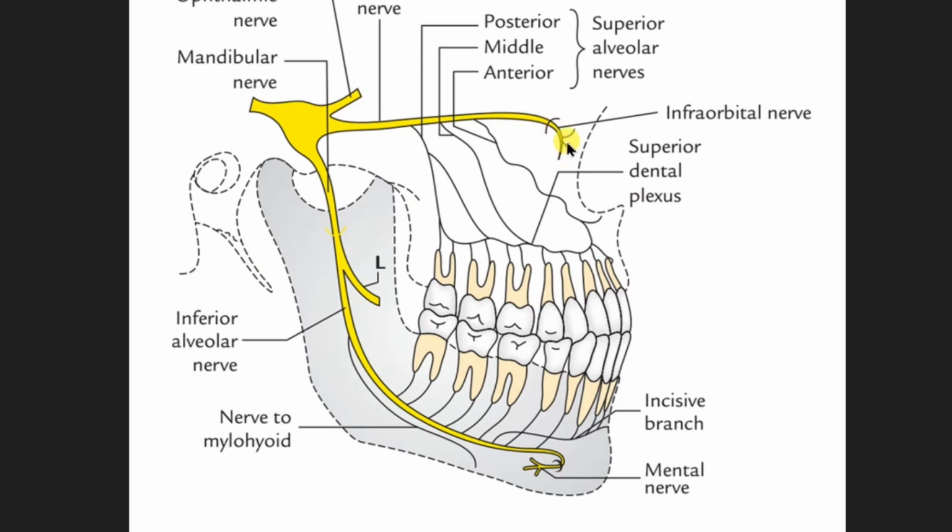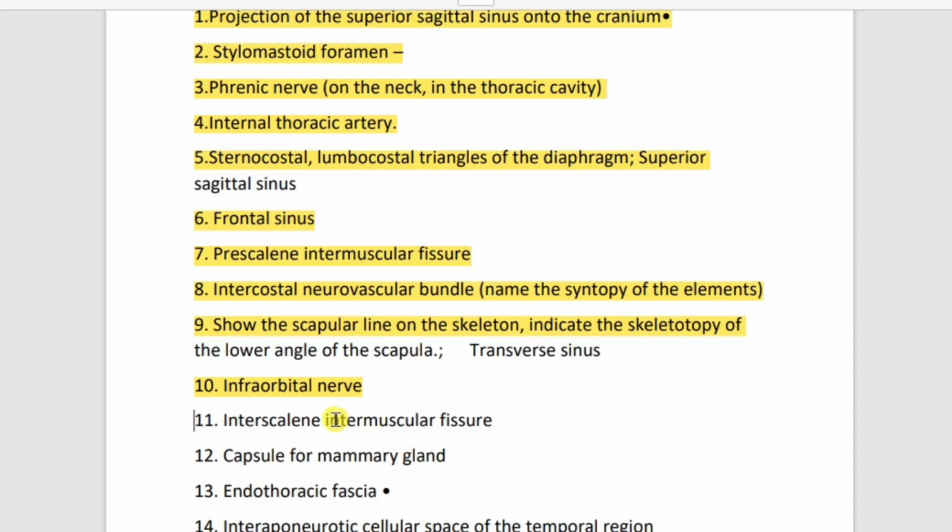Here is the inferior orbital fissure, and it enters this fissure to reach the orbit. What it provides is sensory innervation of the skin.